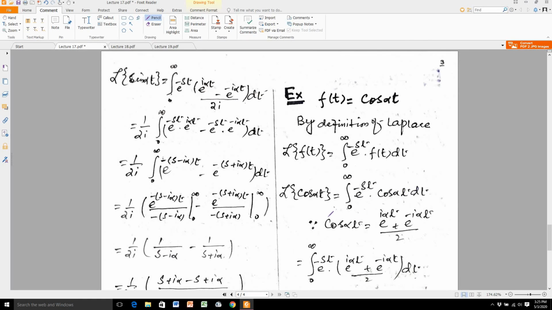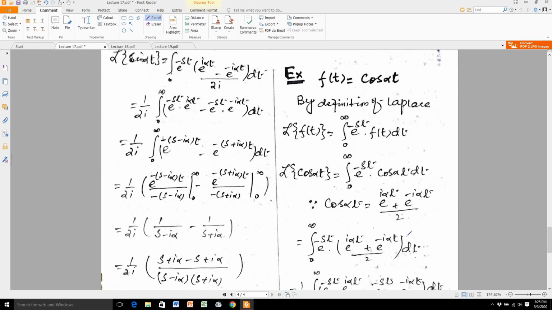Again, in place of cos alpha t I substitute its identity in the form of exponential functions. This is equal to e raised to iota alpha t plus e raised to minus iota alpha t, divided by 2. In cos there is only 2, but in sine it is 2 iota. Don't mix these identities with each other.